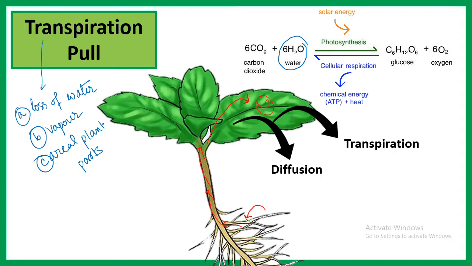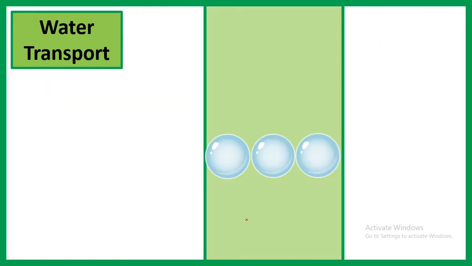Okay. Now the transpirational pull concept involves three very important ideas. The first idea is adhesion, second is cohesion. So what is adhesion? Adhesion is the force between the wall of the vessel or the xylem through which the water is getting transported and the water molecule just in contact with it.